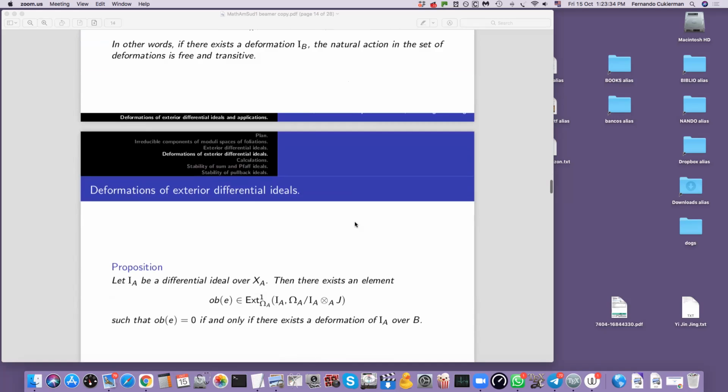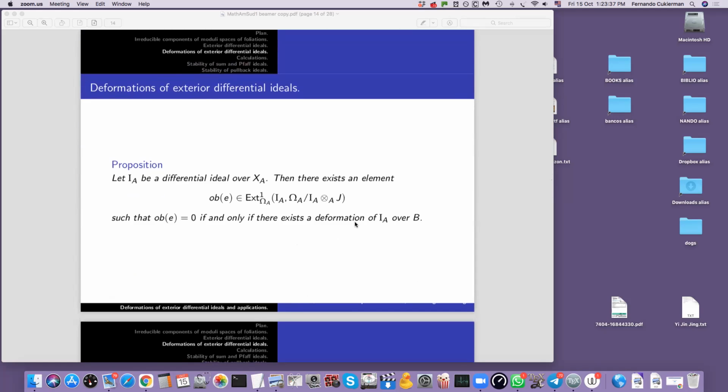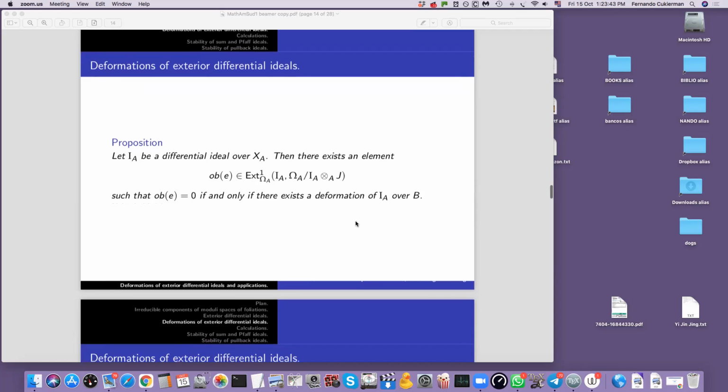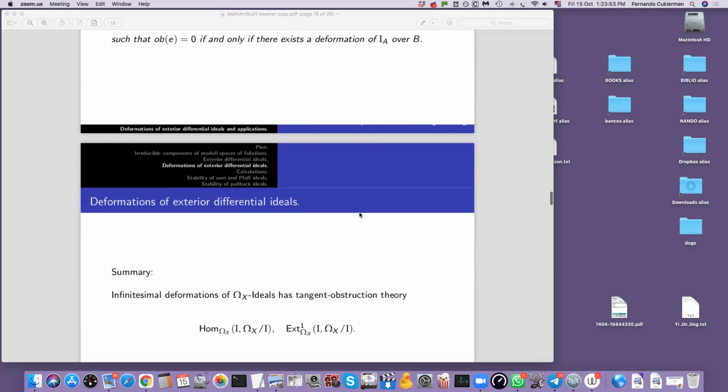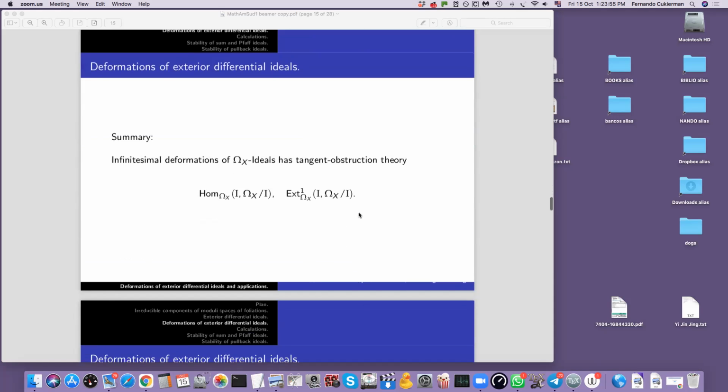And also we can work out the obstruction theory: the obstruction for extensions of ideals gives an element in Ext 1 over omega. In conclusion, we have that the infinitesimal deformations of these ideals have a tangent-obstruction theory.